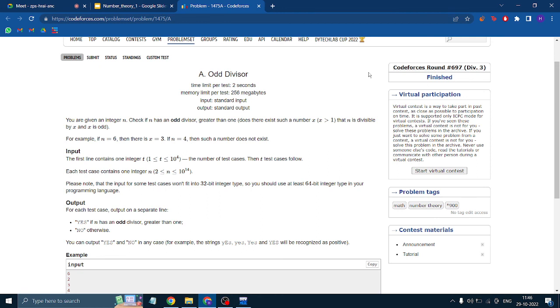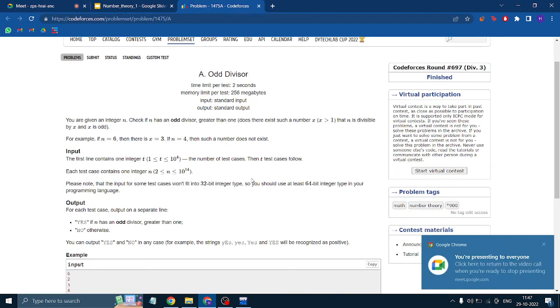Any doubt in the solution? Okay, everyone else?